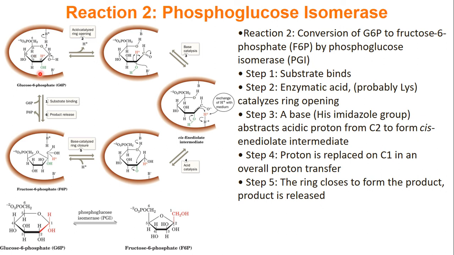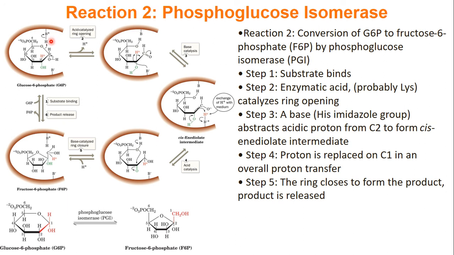We need to open up this ring because we are trying to take the 6-member ring into a 5-membered ring. Now, we don't really know what amino acid right here is donating the hydrogen. It's probably lysine.